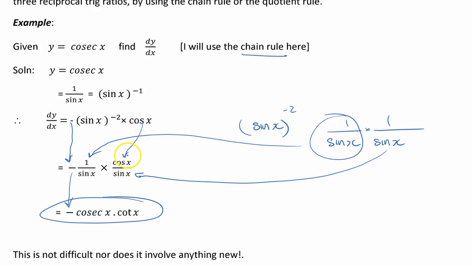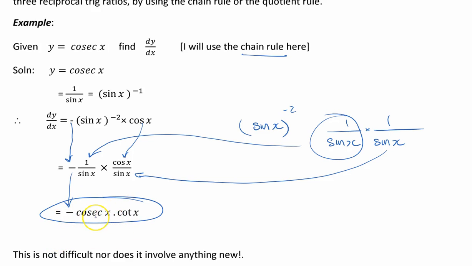You know how to differentiate sine to simply get cos. Then you're just rearranging it. And it's never a bad thing to revise your negative power work, even just fraction work. It's not a bad thing. And to manipulate your trig ratios to form other trig ratios. Well, we do that.